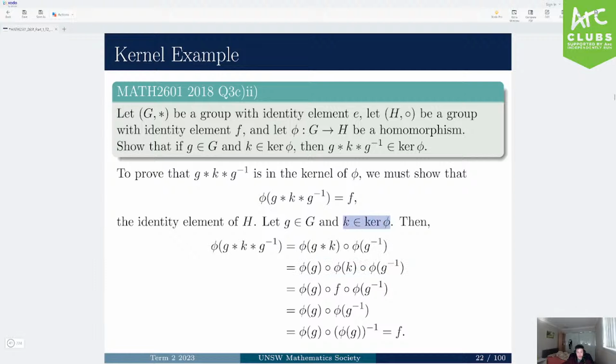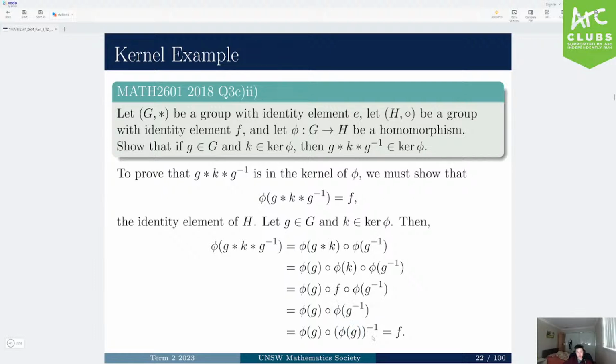We know that k is in the kernel of phi, so that tells us that phi of k maps to the identity element f. And we know that f multiplied by any element is just going to be that element because f is the identity in H. One of our useful properties was that if we take phi of g inverse, that maps to the inverse of phi of g.